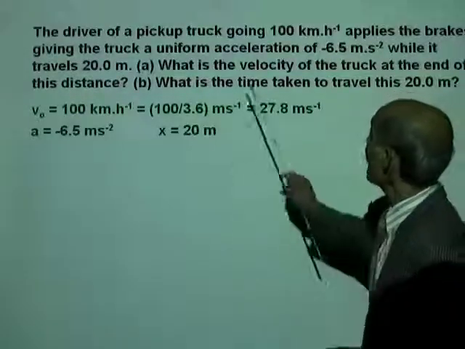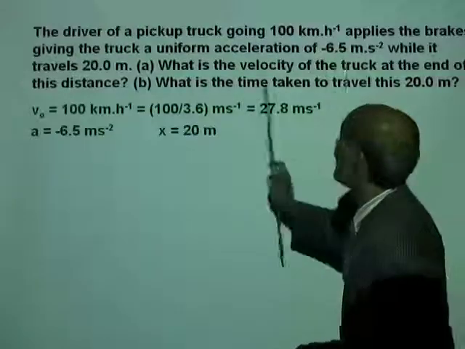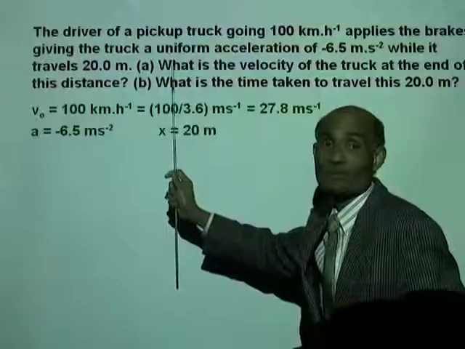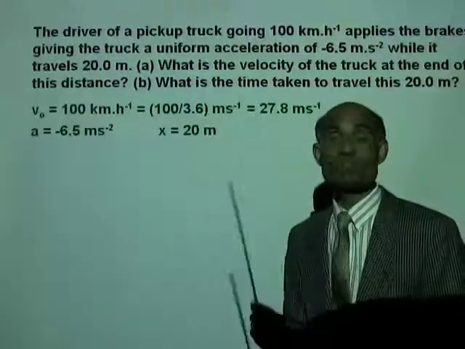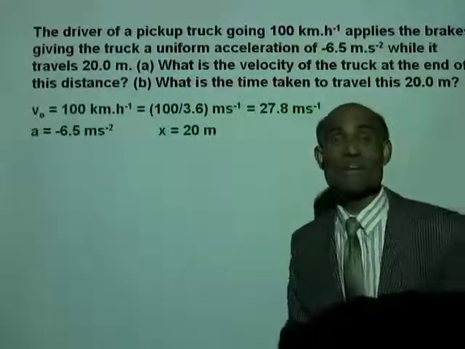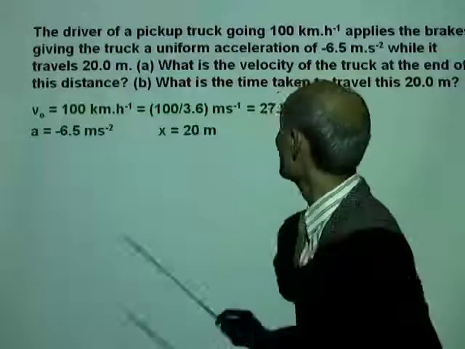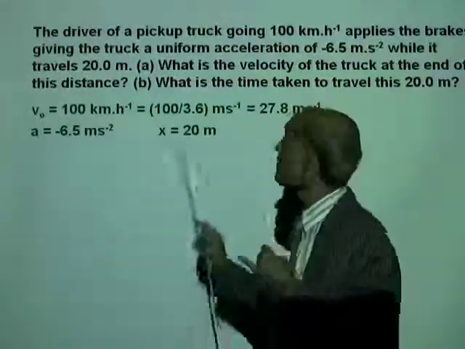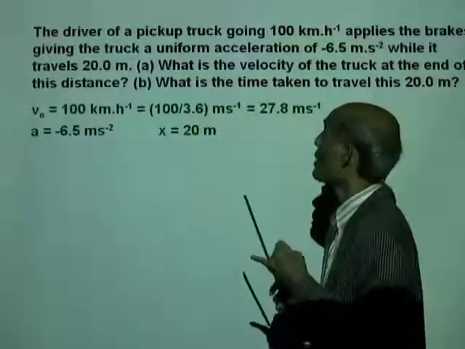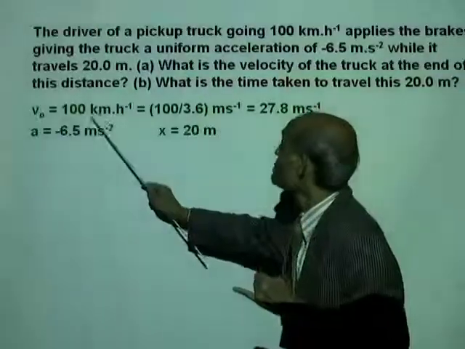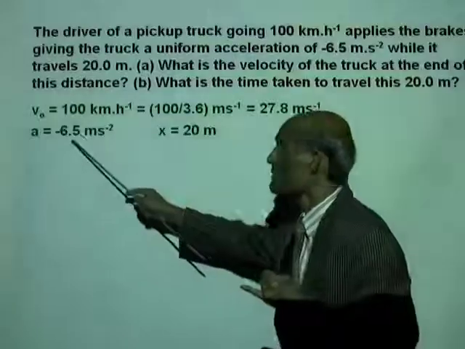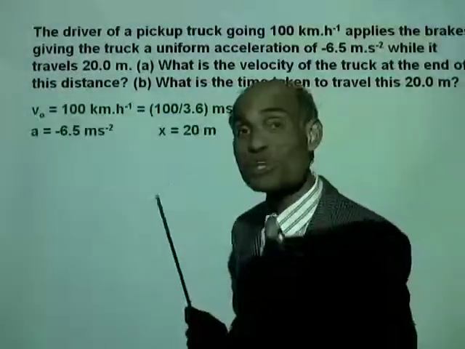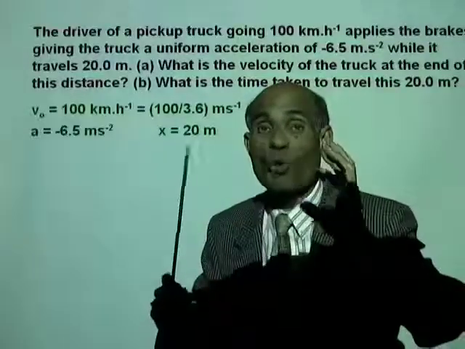What do we need? What is the velocity of the truck at the end of this distance? Well, which of the equations will you use here? If you look at this, we are looking for the final velocity, isn't it? We have initial velocity, we have acceleration, we have the displacement. Which equation contains all these?